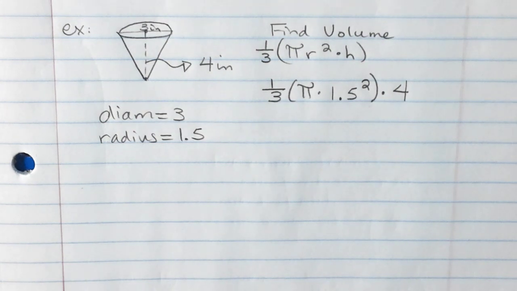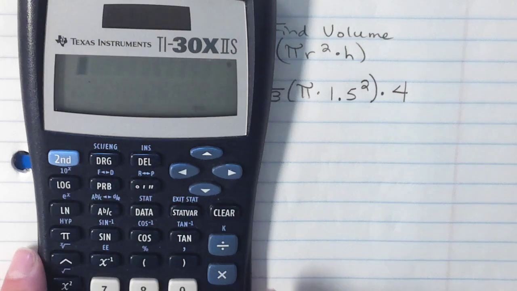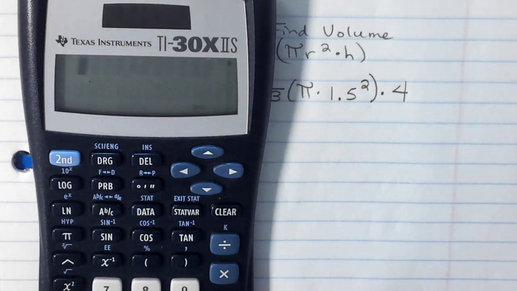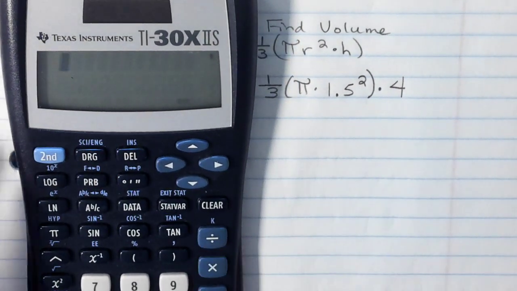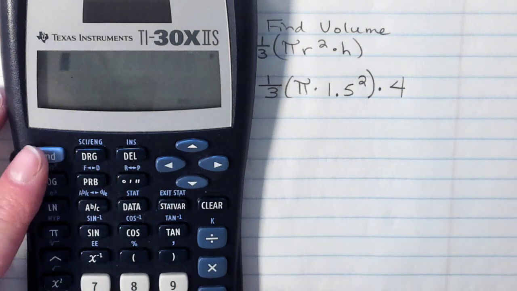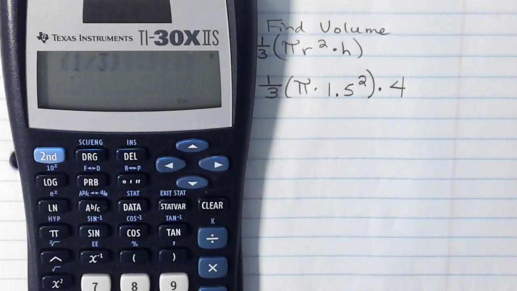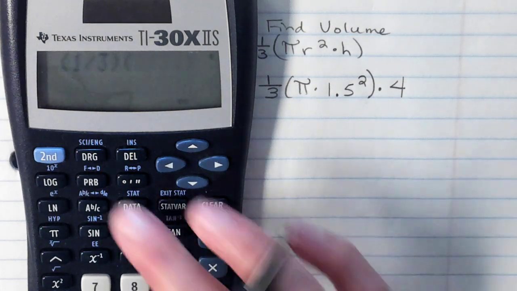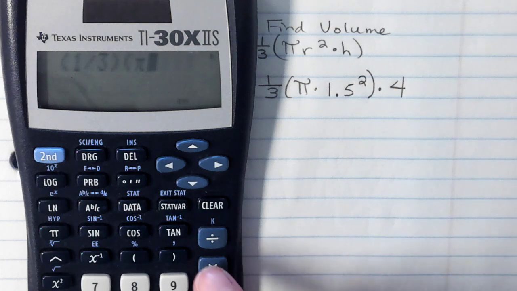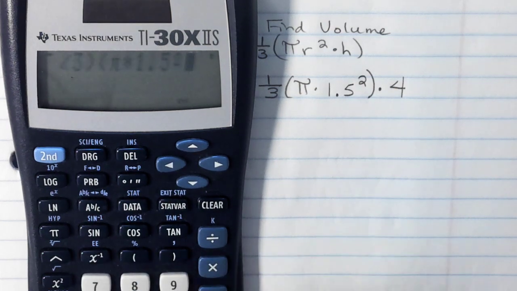We're definitely going to have to do a little bit of rounding on this volume problem. So I'm going to put my calculator up so you can see it. I'm going to put my 1/3 in parentheses, and then my pi button times 1.5 squared.